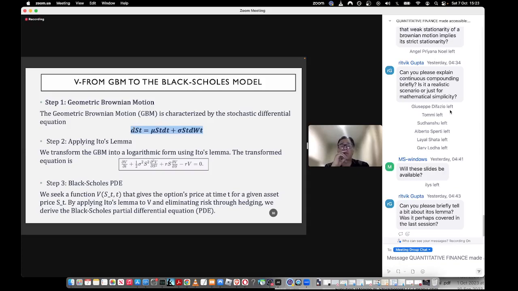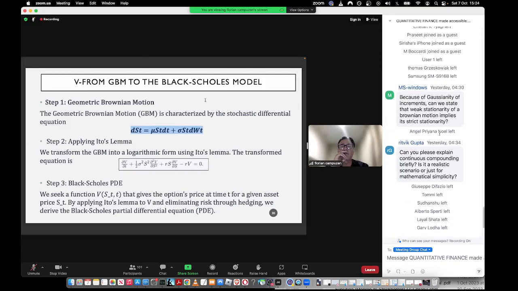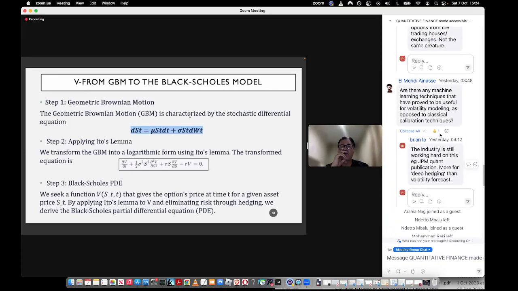So you start with the stock price, and so the geometric Brownian motion, and after that you derive it using what we call the hedging portfolio. I wrote an article on that, on how to derive the Black-Scholes stochastic differential equation.